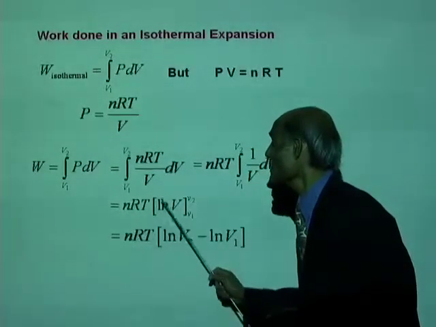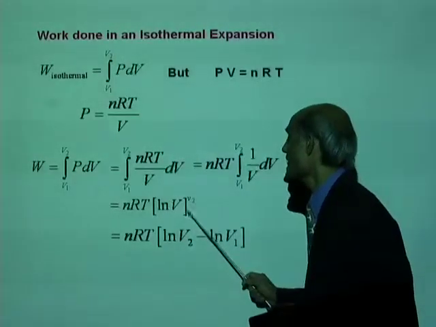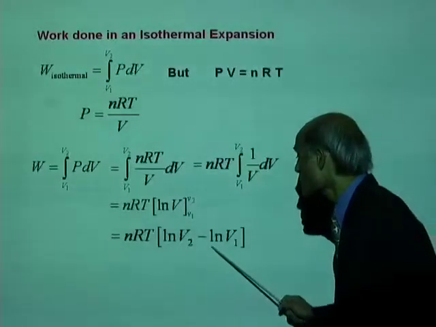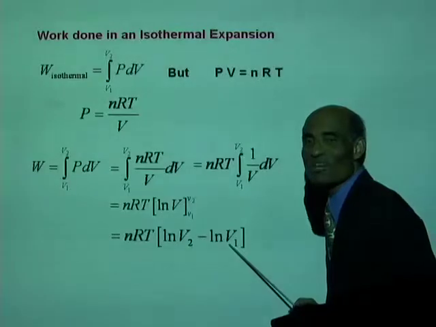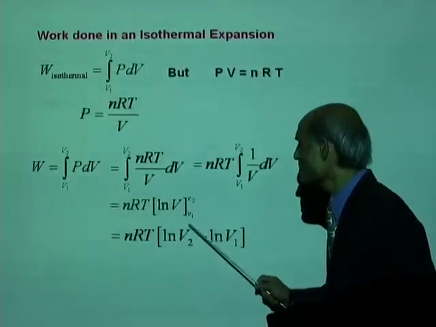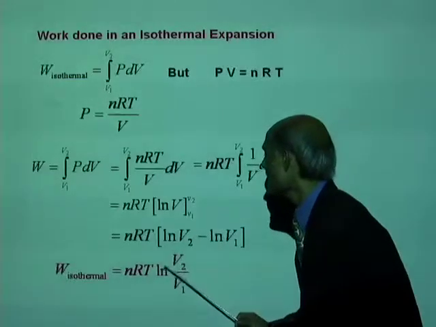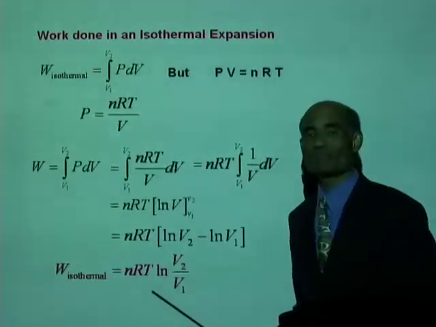That will be nRT times ln v2 minus ln v1. And use the properties of logarithms to write this as a single ln quantity. What is ln v2 minus ln v1? That will be ln of v2 divided by v1.